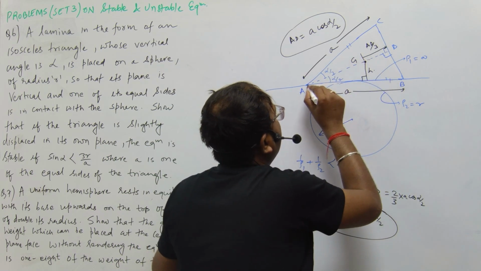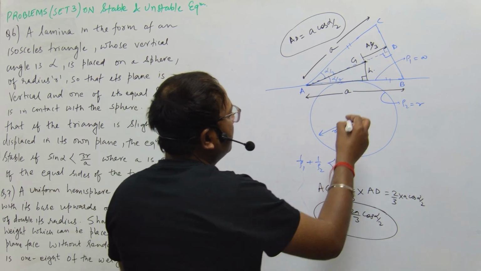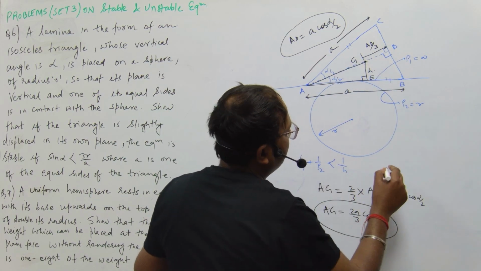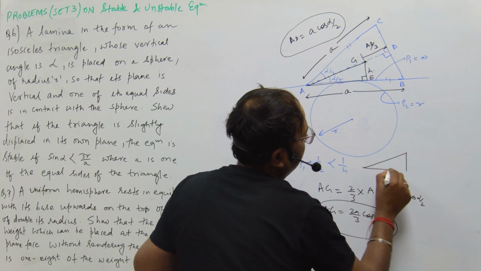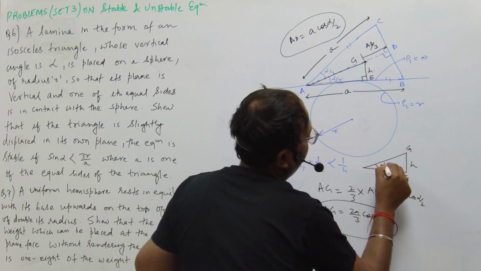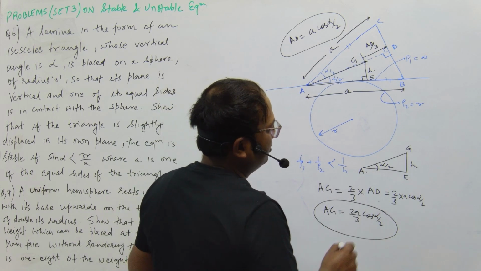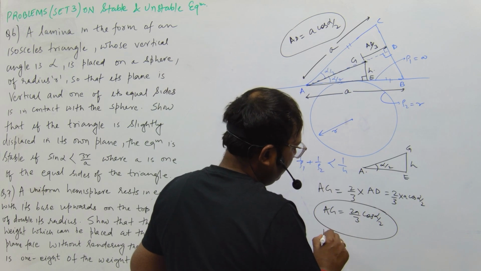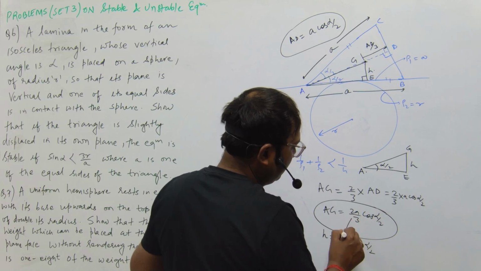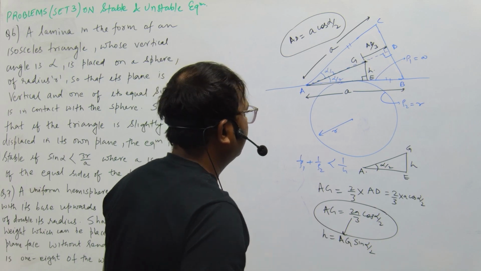Let us look at this particular triangle and name this point as E. This is the triangle, this point is G, this point is E, and this is h, and this is alpha by 2, and this is point A. So h will be AG sin alpha by 2. Let us place the value of AG here.